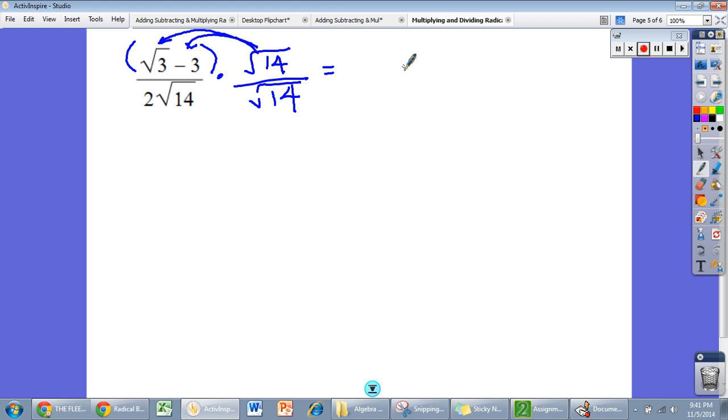So we have 14 times 3, because they're both under the radical, is square root of 42. And square root of 14 times the negative 3 is a negative 3 square root of 14.